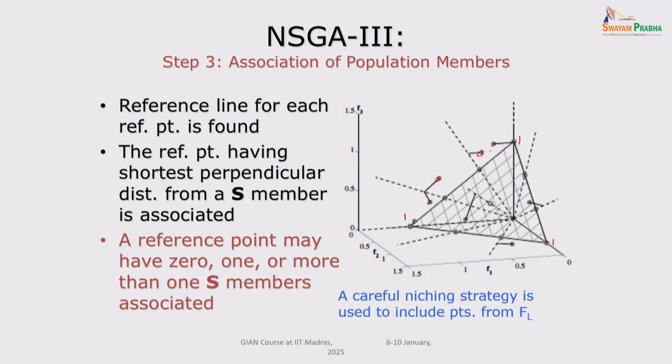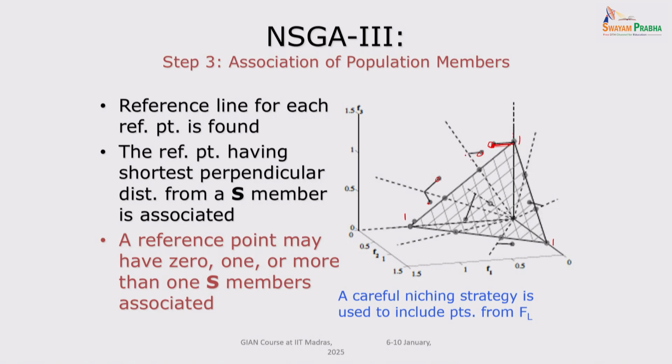So for example, for this point I compute the orthogonal distance to the line. Now they are all normalized, so I can compute all the distances. This point's distance is computed from the first line, second line, third line, fourth line, and I figure out which line has the shortest distance, which means this point is associated with that line.